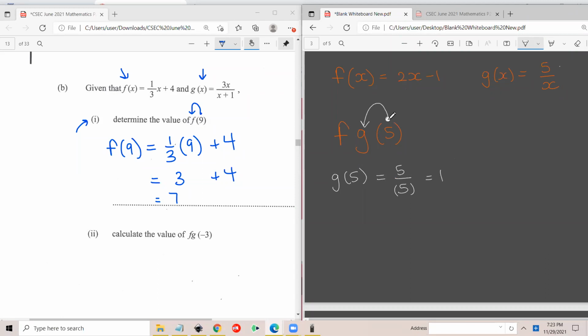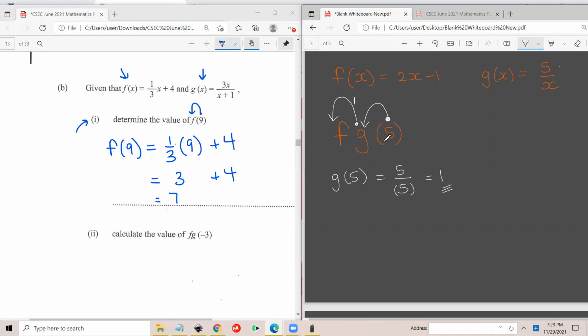Now here's the thing. You see this new answer that you get? Remember, when you put 5 into G, you get 1. You have to take this new answer, which is 1, and put it into F. It's like you continue your journey now with the new answer.